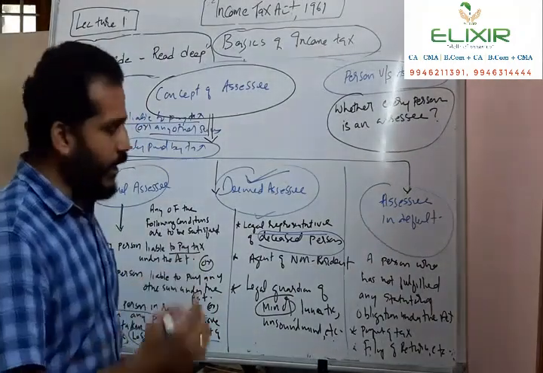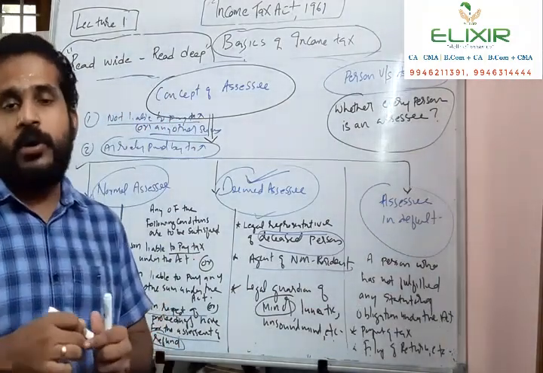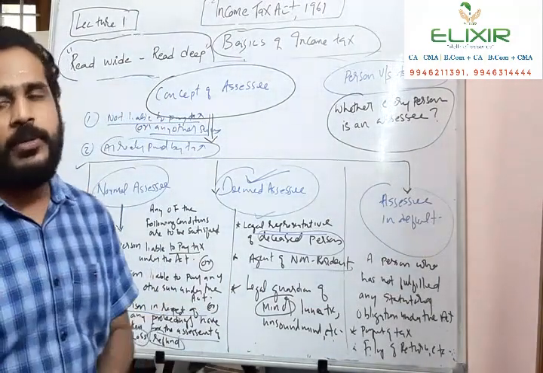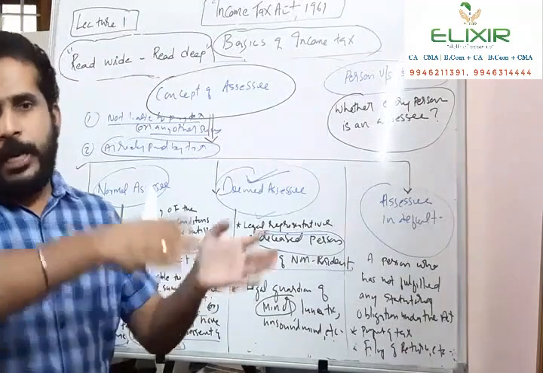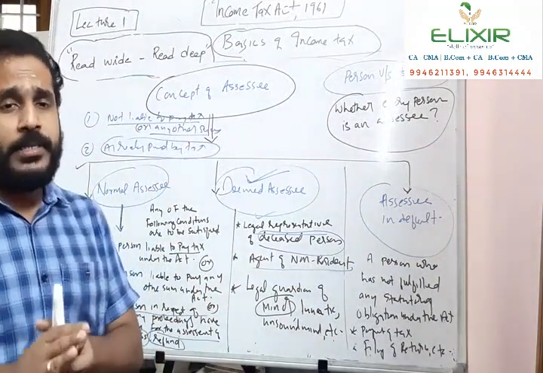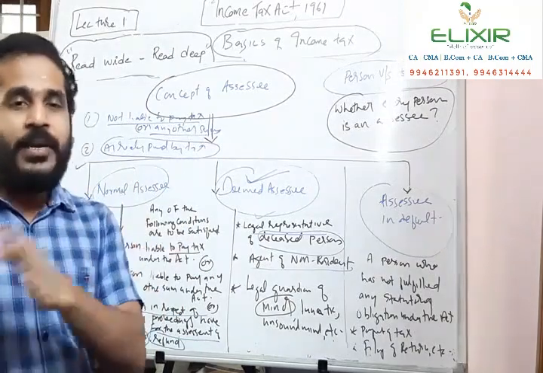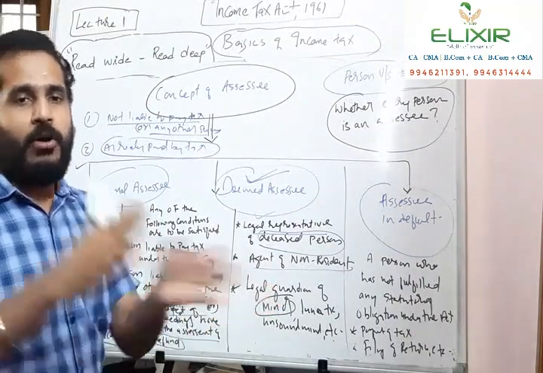Okay, then another example is agent of a non-resident. If a non-resident person, we will discuss who is a non-resident, doing business in India is not capable of coming to India, he may appoint some persons and give power of attorney and can be treated as the beneficial owner of that business.